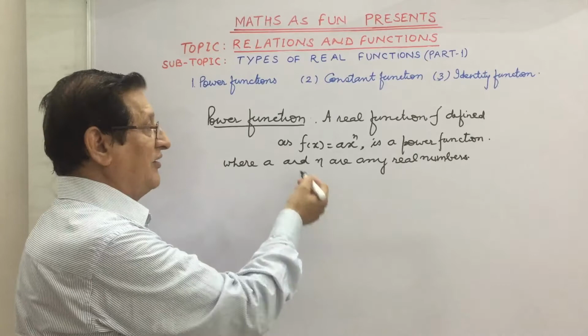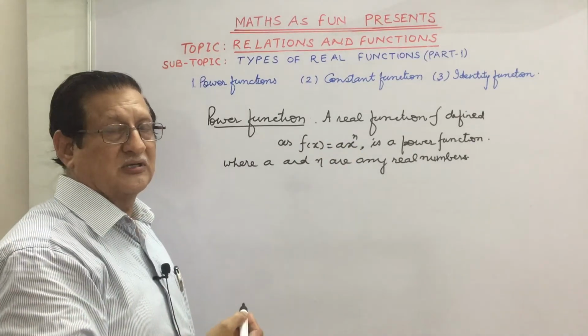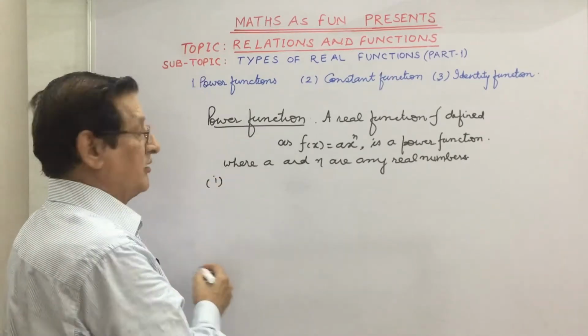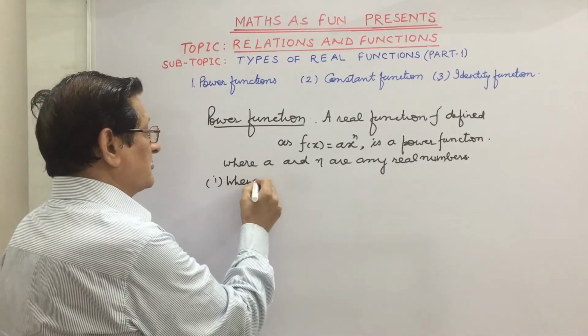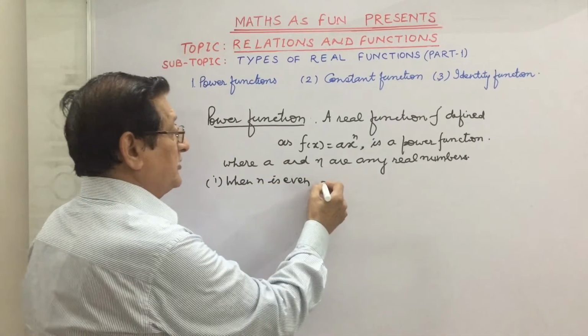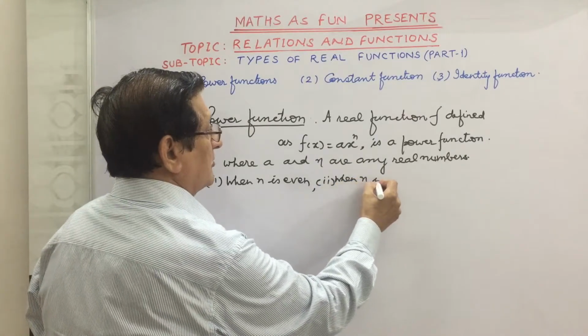But what about n? n will certainly affect the function, and that is why it can be divided into four categories. Number one, when n is an even number. Number two, when n is odd.